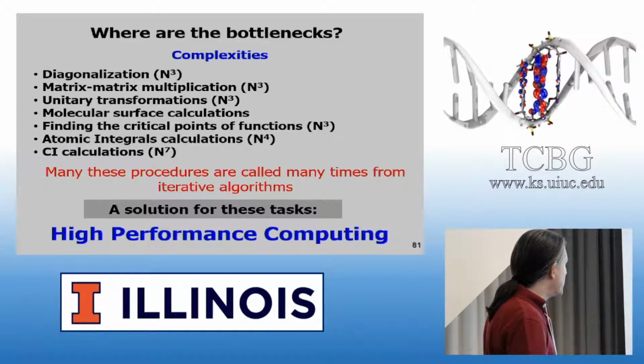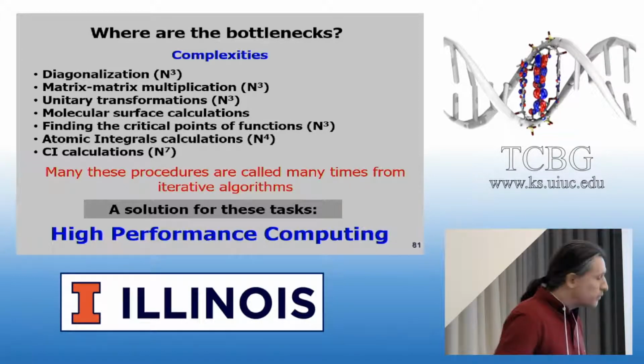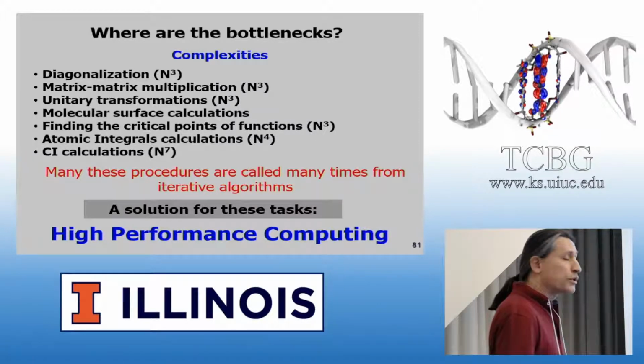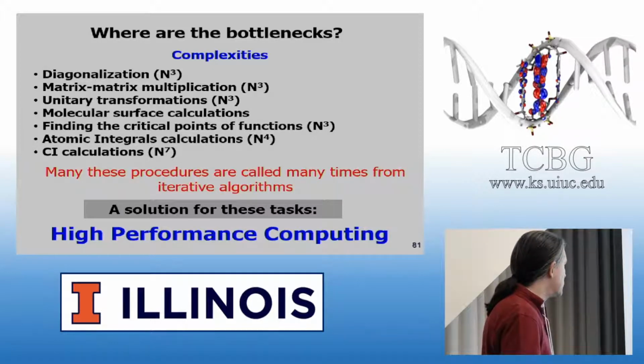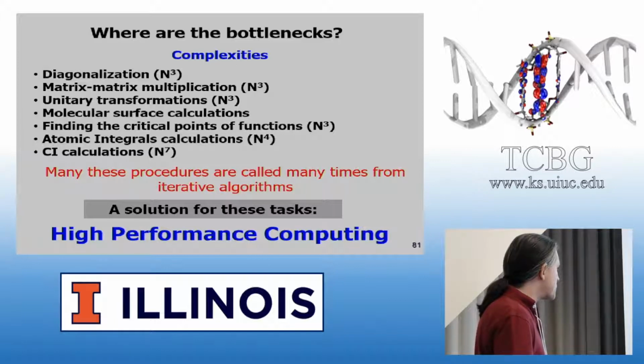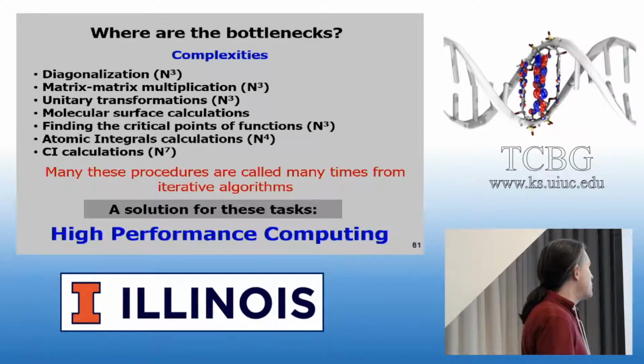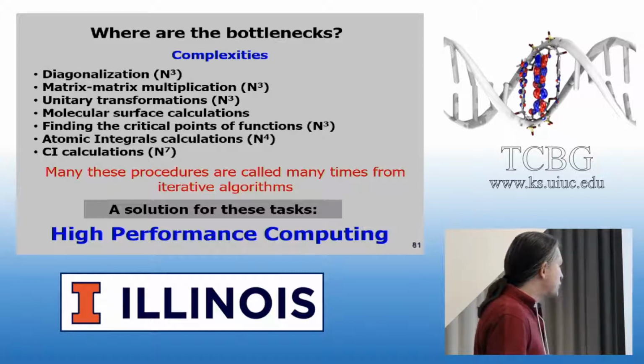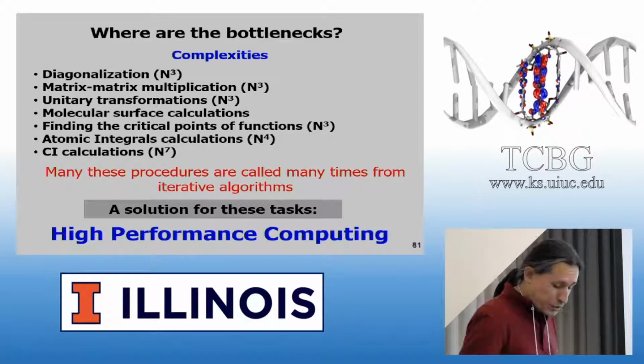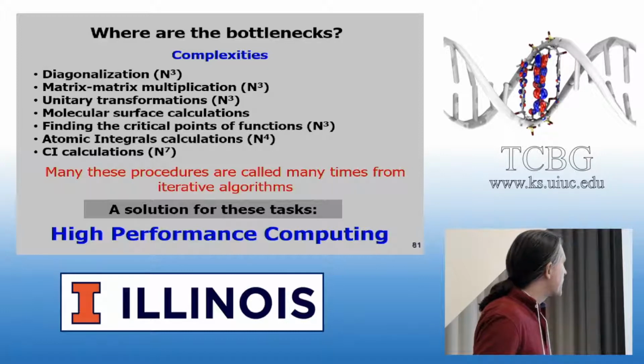You can find that CI calculation is a very high-demand computational method. But the key point is that many of these procedures are called many times in iterative algorithms, and the solution for this is to use high-performance computing.